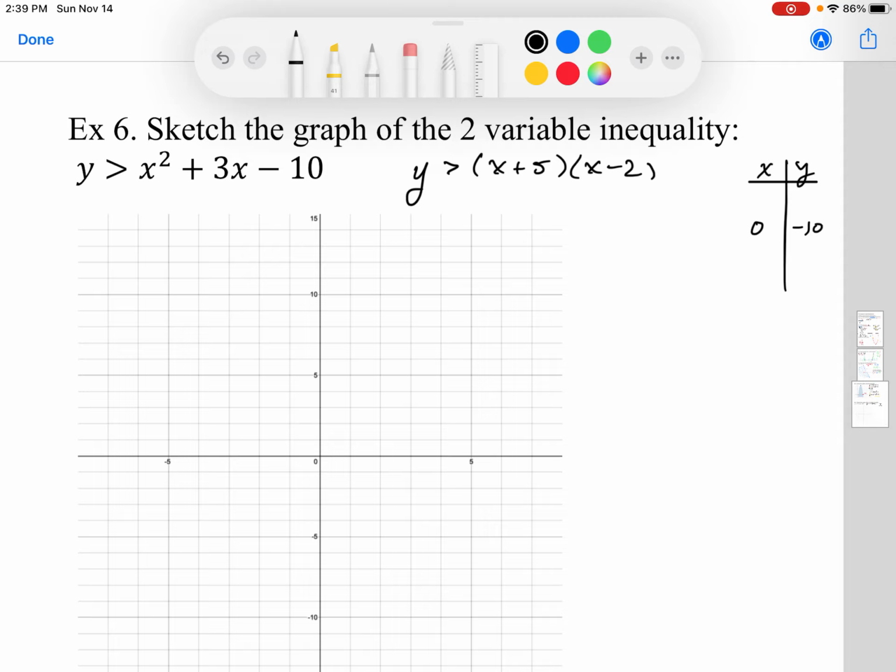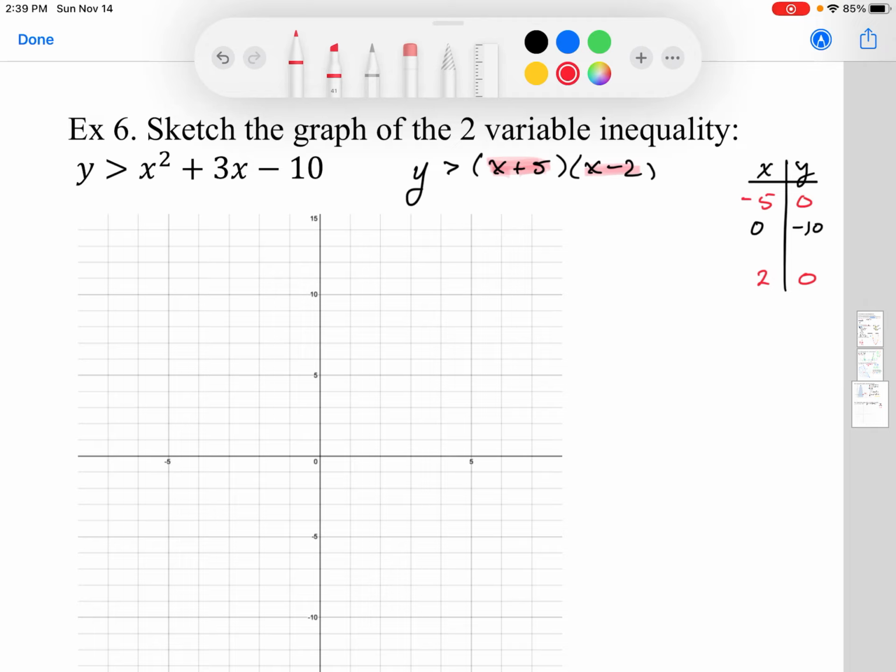So from the factored form, I can come up with two symmetrical coordinates: negative 5, 0, and positive 2, 0.